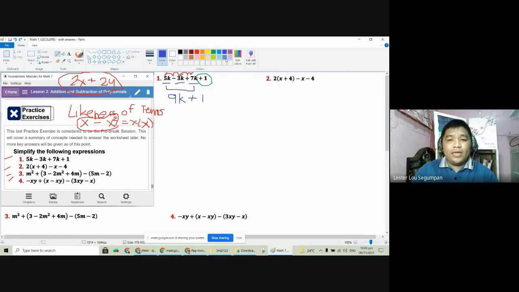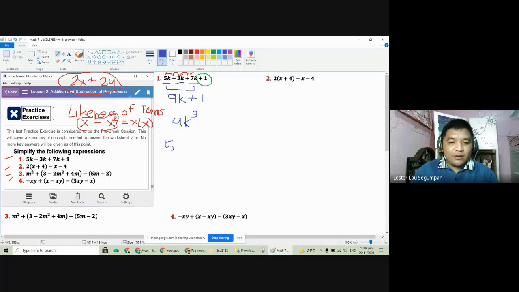Another thing that you may mistakenly do here is answering 9k cubed, because you also added the exponents, because you are probably thinking of the multiplication law of exponents. By the name itself, it's the multiplication law of exponents. That's only possible when you are multiplying polynomials.